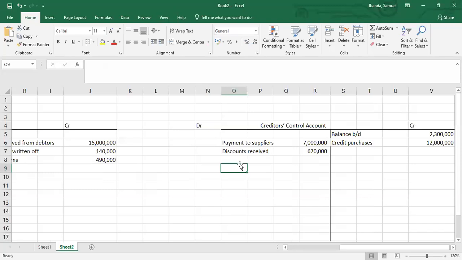In this case, if we are returning goods to suppliers, it means that we should reduce what we should actually pay the supplier since we are returning these goods. So anything that reduces your creditors is definitely supposed to be debited. That's why I'll come and put my purchase returns on this side, okay? Like that.